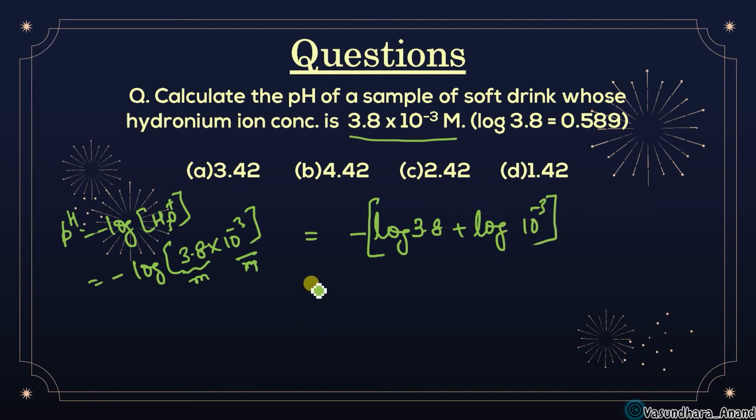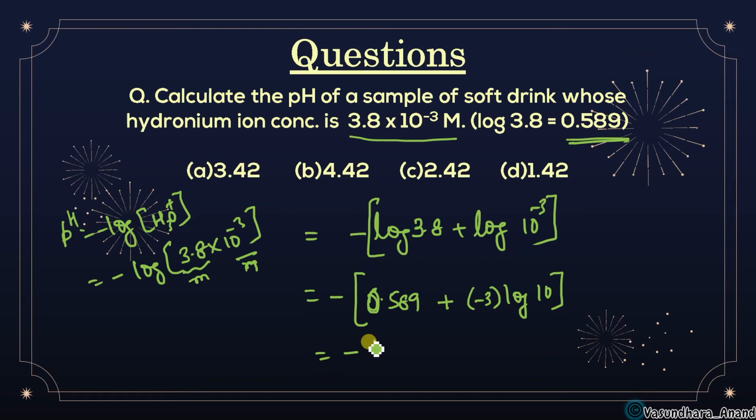Minus log 3.8, the value is given here, 0.589. So let me write minus 0.589, plus, and this is log m power n, so can I write n log m, isn't it?